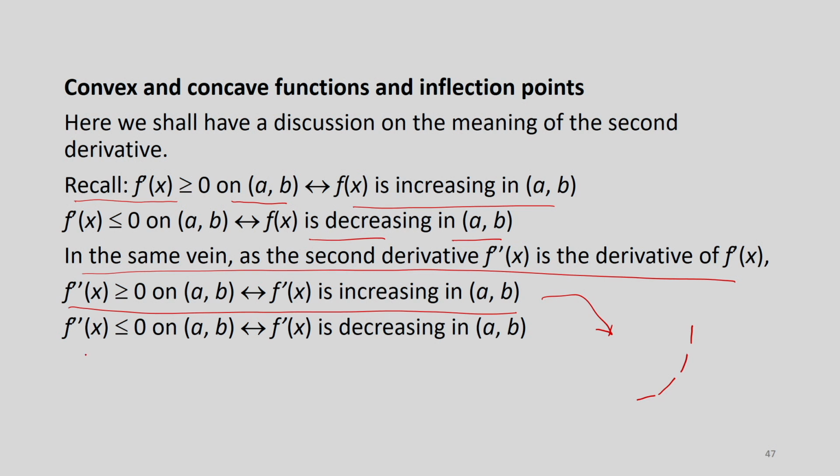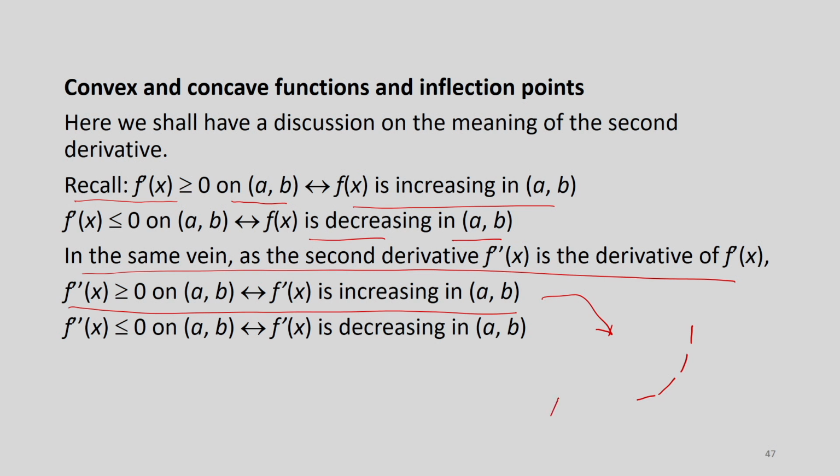And in the second case, what is happening? f double dash of x less than or equal to 0 in the interval a to b is equivalent to f dash of x is decreasing in the interval a to b, all right. So, what does it mean when we say f dash of x is decreasing?